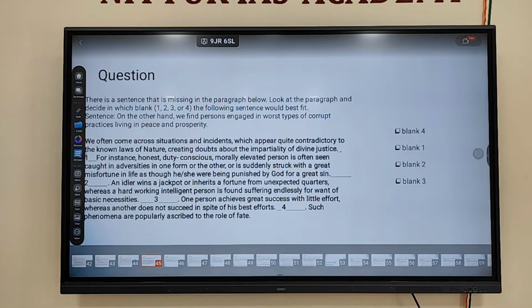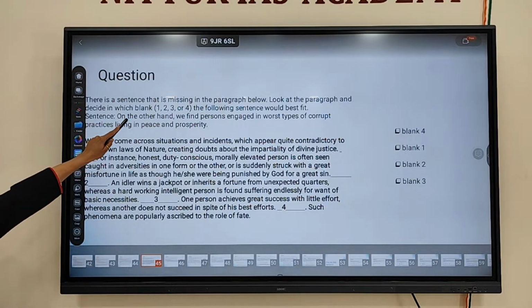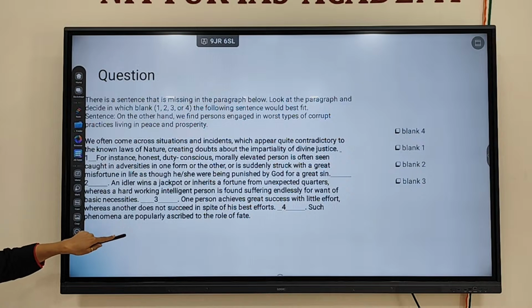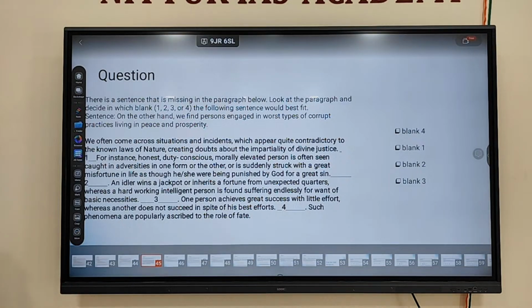On the other hand, we find persons engaged in worse types of practices living in peace and prosperity. We did this question yesterday, right? Tell me, what is the answer? Corrupt living practices, blank, and blaming the divine. So what will stand in the blank? I realize people are not attentive in the class. Will I remember the option?